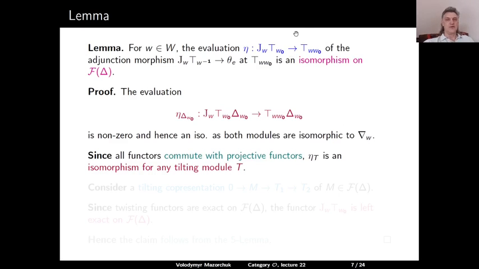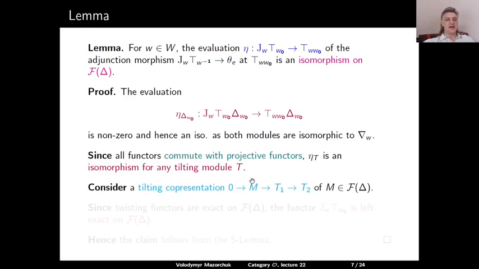Next, since all functors involved in the evaluation commute with projective functors, it follows that eta_T is an isomorphism when restricted to any tilting module T, because all indecomposable tiltings can be obtained from delta w0 by using projective functors, and all morphisms between tilting modules are evaluations of natural transformations between projective functors at delta w0.